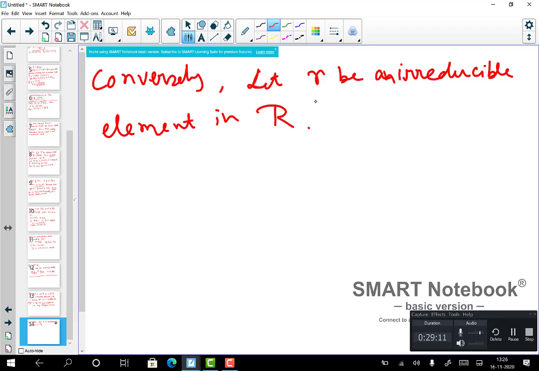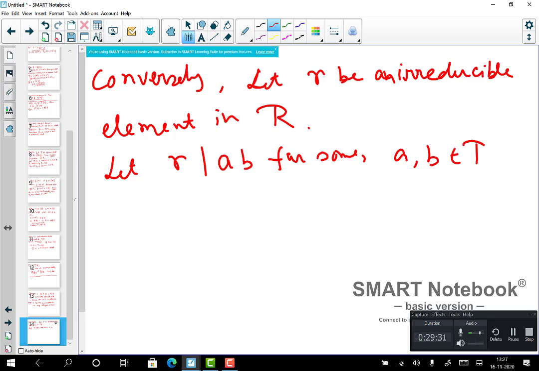That means if r divides something, then r divides one of the factors. Now consider, let's say r divides ab for some a and b belonging to the ring R. Now we need to find out that either r divides a or r divides b. Now this is given to me.